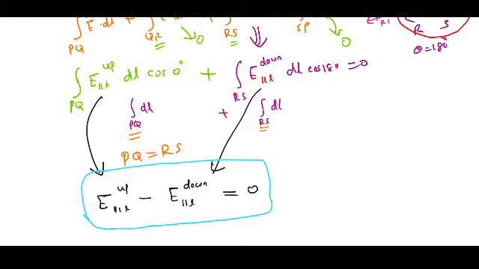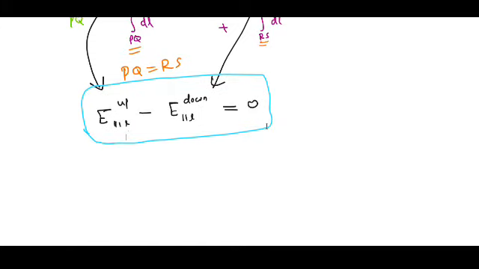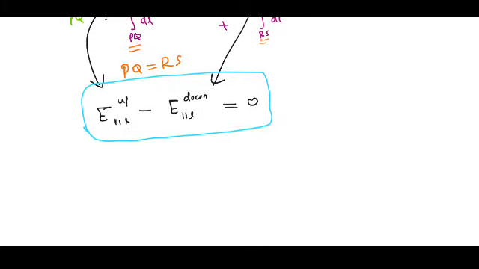This parallel component can also be written as the tangential component, that is E tangential 1, in medium 1, the upper side we represent as medium 1, and the downside we represent as medium 2. Then the parallel component means the tangential component, and we can write Et1 minus Et2 is equal to 0.